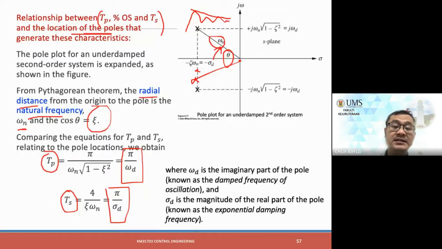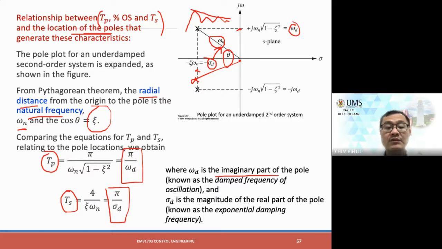Omega d is the imaginary part of the pole. So eventually pi divided by omega d gives you the peak time. And for the settling time, it is pi divided by the real part of this, in the negative segment, so we only need the value.